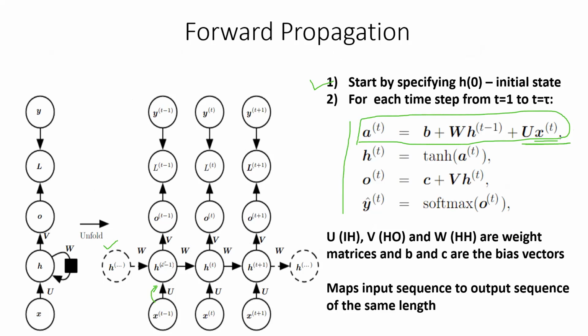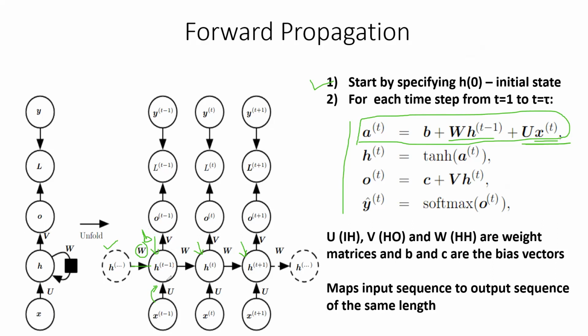And the input from the previous timestamp gets multiplied by the vector W, which is here, plus the bias b for this particular neuron. In fact, it's a bias vector, because it's the same bias across the whole time series chain. That is going to give me the activation at time t, and that's the activation value.